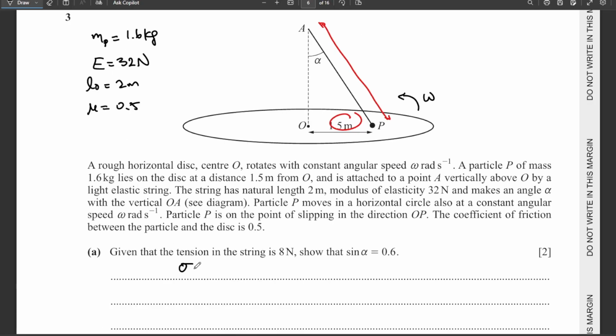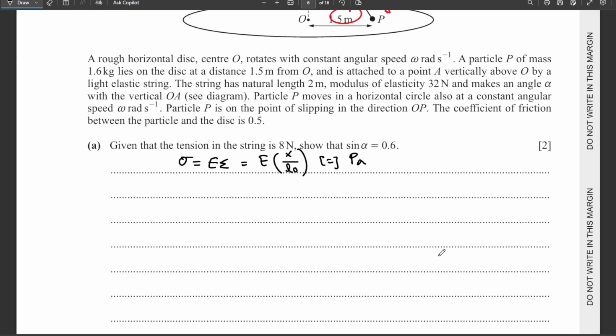The Hooke's law, stress-strain relation: sigma is the stress, and E is the Young modulus. Epsilon will be the strain, and the strain is the extension over the original length L0. The unit or dimension of this is pressure, or Pascal, Newton per meter squared.